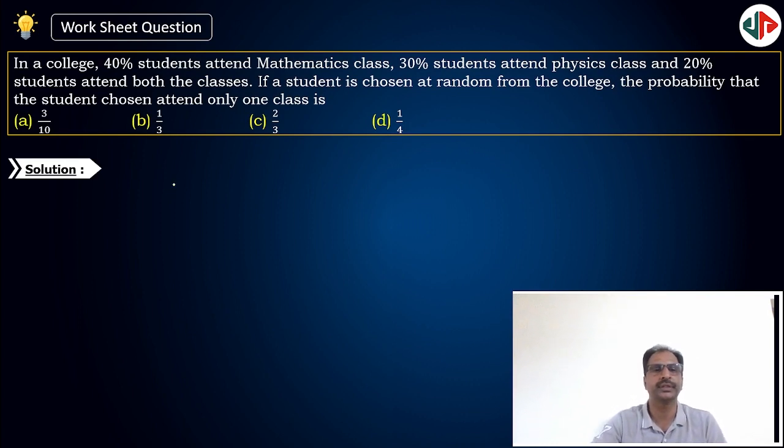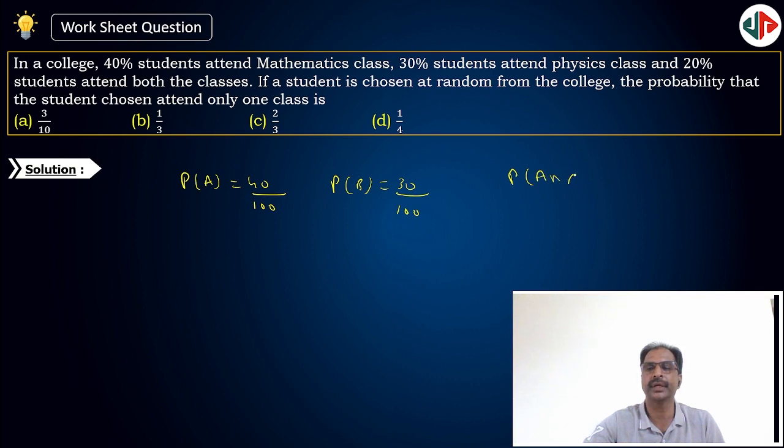Next, in a college, 40% students study mathematics. So, let us say A denotes the event of the student studying mathematics. So, P of A is 40 by 100. And 30% students study physics. So, P of B is 30 by 100. And 20% students attend both the classes, A intersection B, which is 20 by 100.